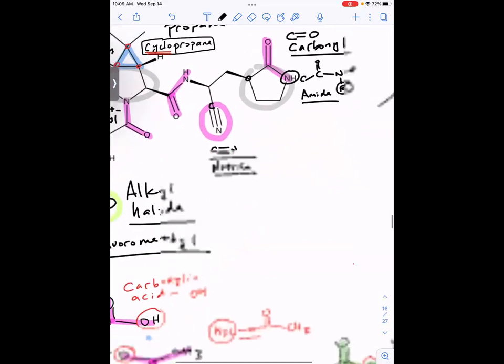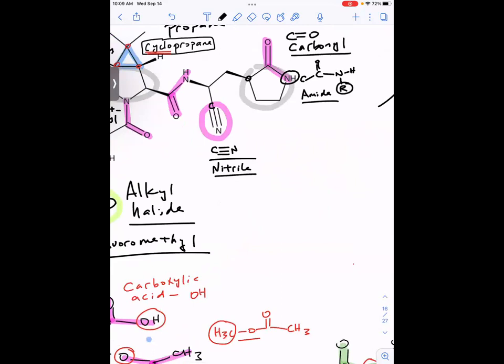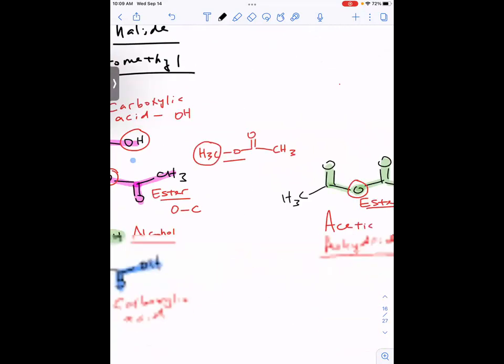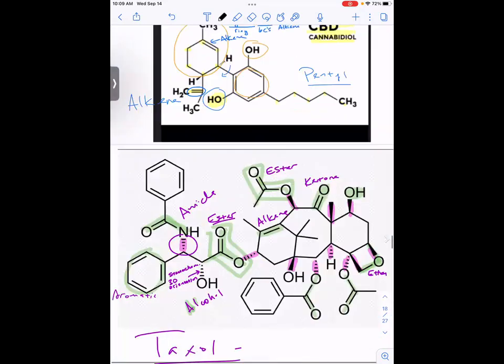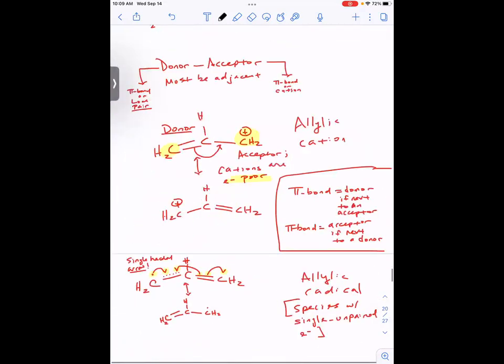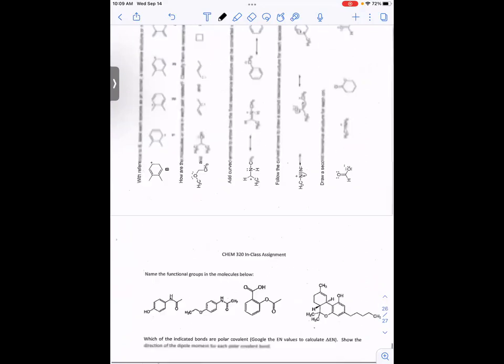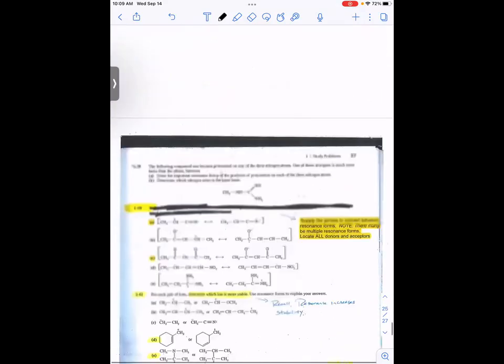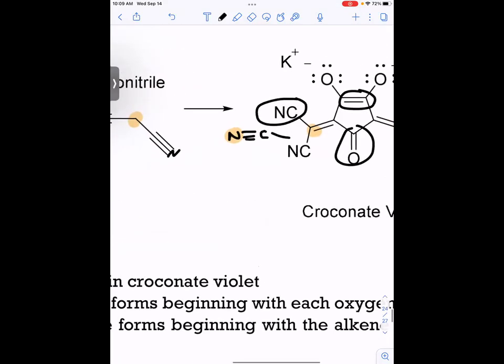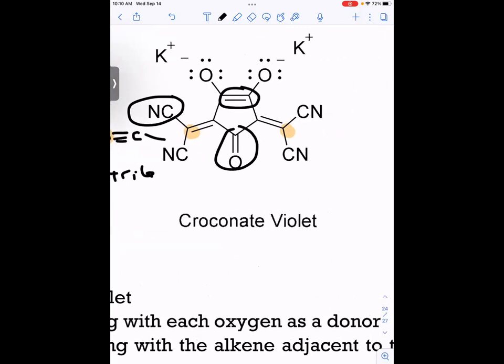But that's a good educated answer, because you saw that triple bond and you immediately thought alkyne, so that's good. But it's a specific class of functional group called a nitrile. All right, so we're going to put that in. So that's a nitrile. What about here?